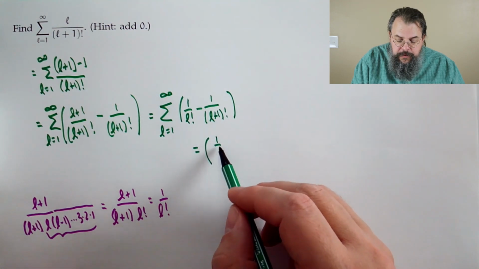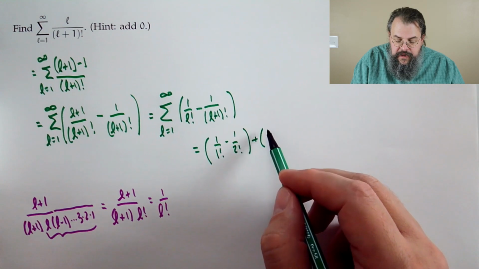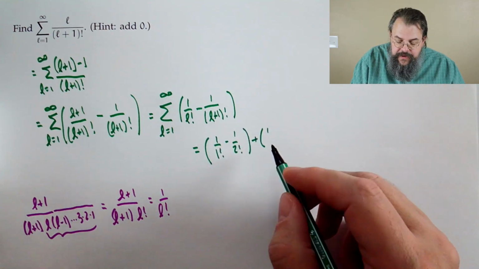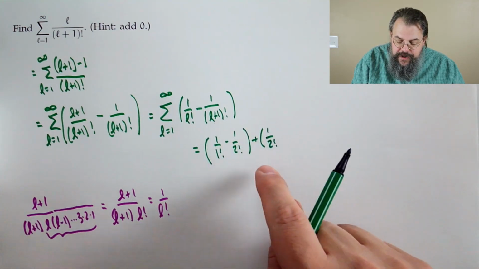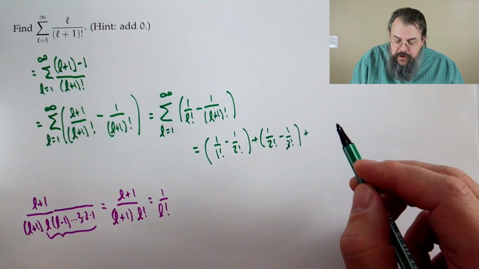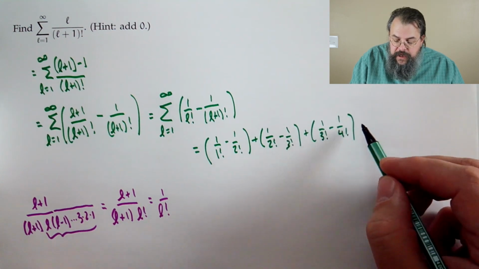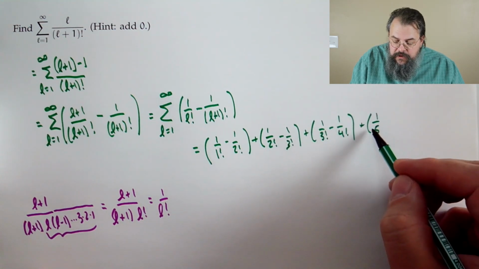So you get 1 over 1 factorial minus 1 over 2 factorial plus, and notice our offset is just 1, so 1 over 2 factorial, perfect, and 1 over 3 factorial, and then the next term will be 1 over 3 factorial minus 1 over 4 factorial, and so forth, and so on.